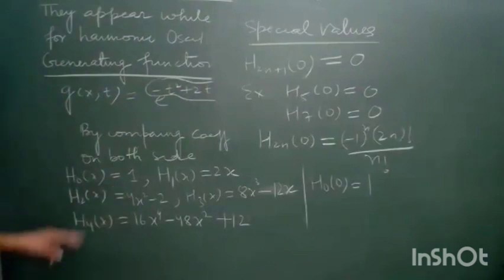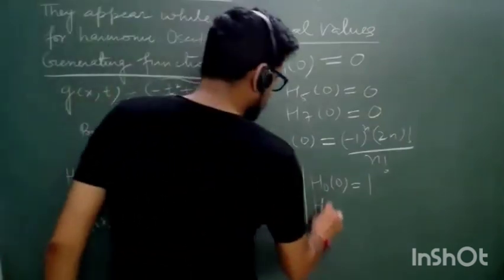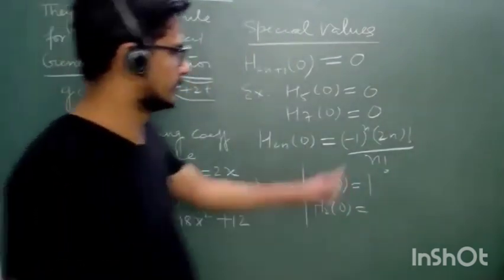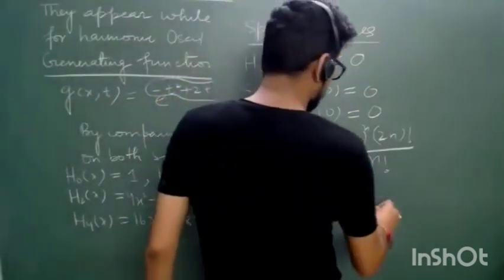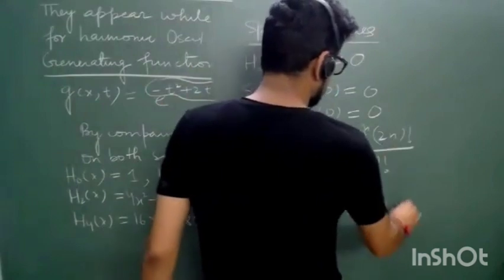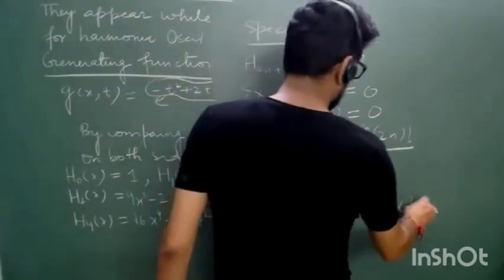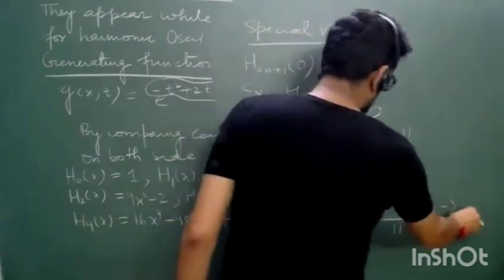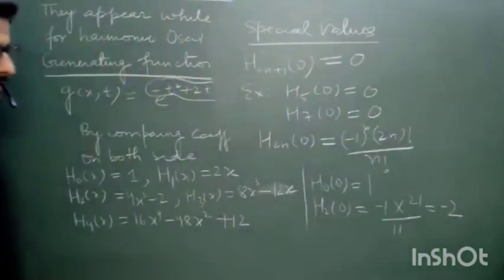So now calculate this one, h2. So you will get minus 2. So calculate h2 at 0. That means n is equal to 1. So you will get minus 1 into, n is equal to 1, 2 factorial by 1 factorial. So it will be minus 2. Correct?